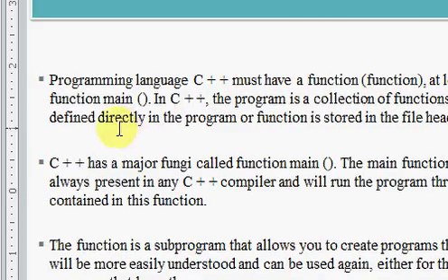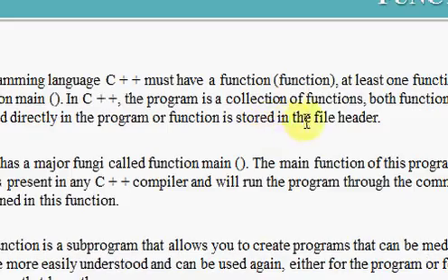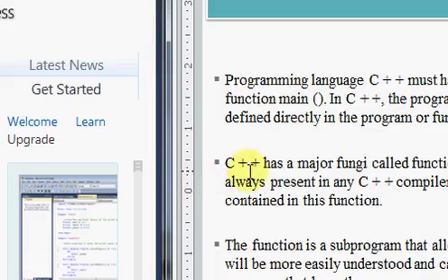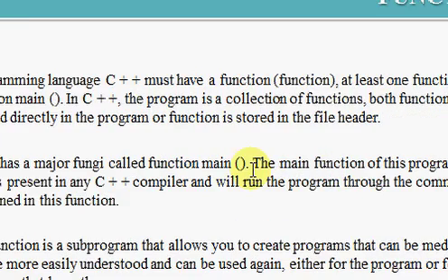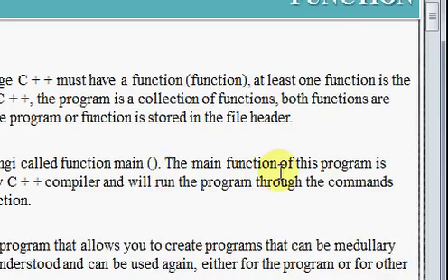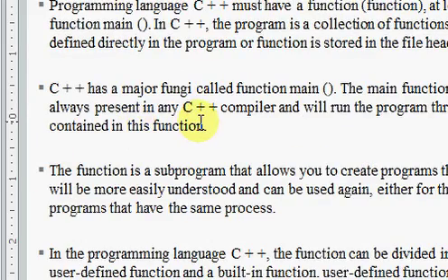Functions are either defined directly in the program or stored in a header file. C++ has a major function called the main function. The main function is always present in C++ programs, and we run the program through the commands contained in this function.